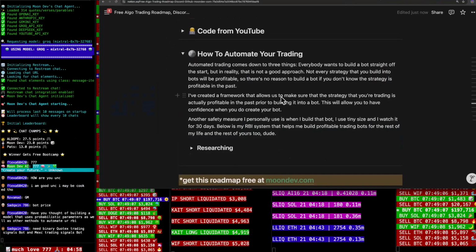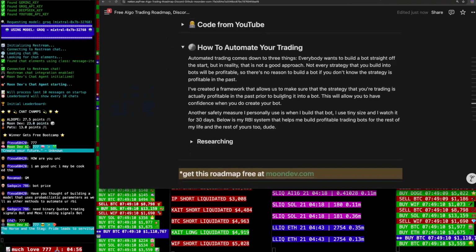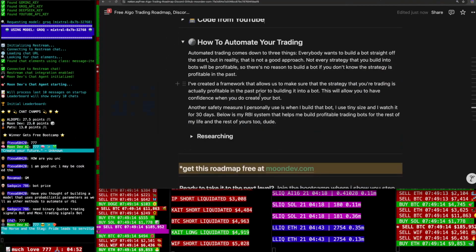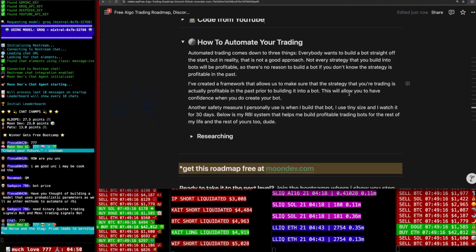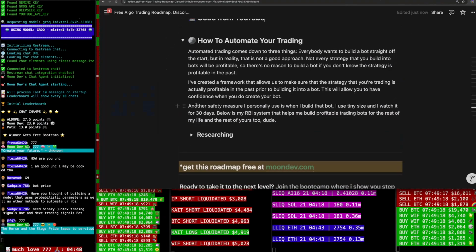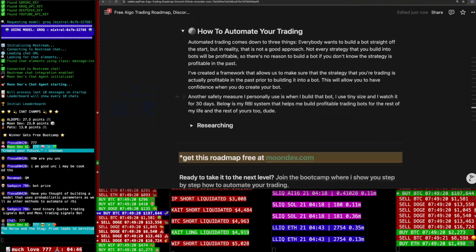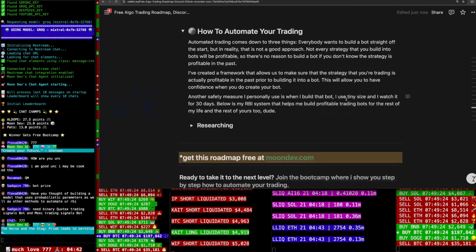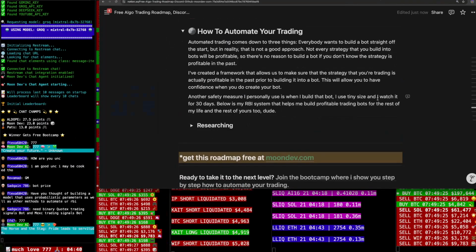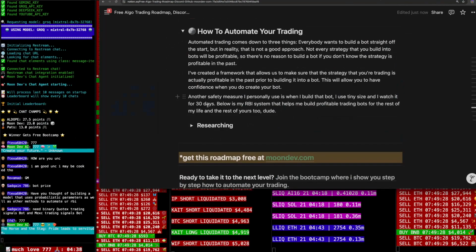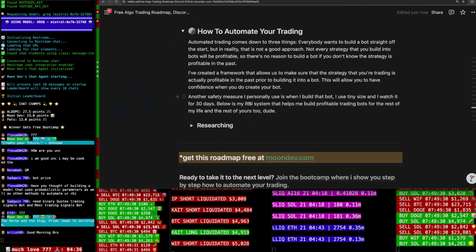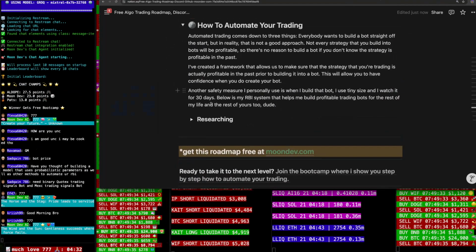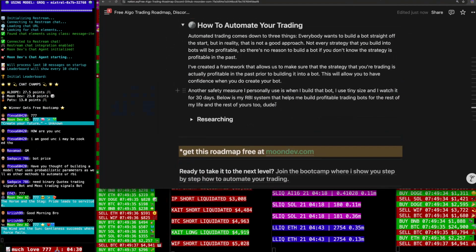I've created a framework that allows us to make sure that the strategy that you're trading is actually profitable in the past prior to building it into a bot. This will allow you to have confidence when you do create your bot. Another safety measure I personally use is when I build that bot, I use tiny size and I watch it for 30 days. Below is my RBI system that helps me build profitable trading bots for the rest of my life and the rest of yours too.